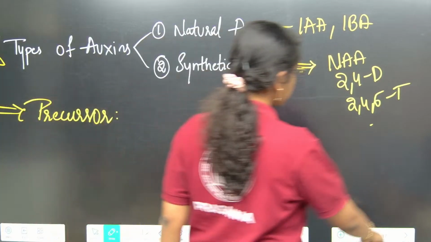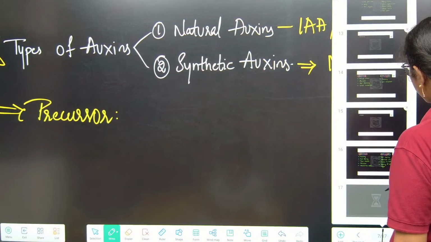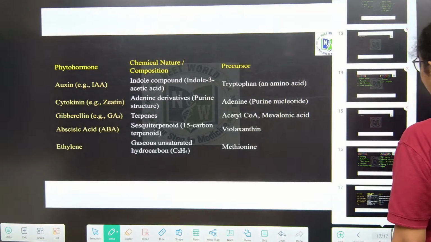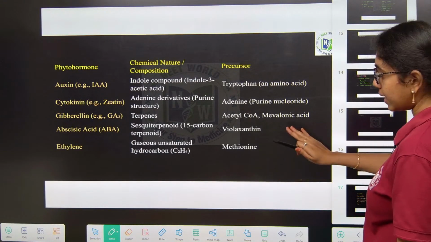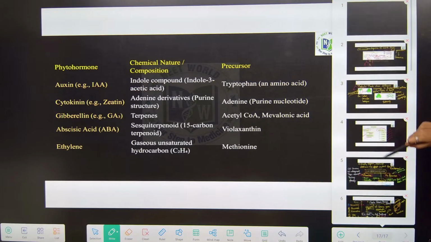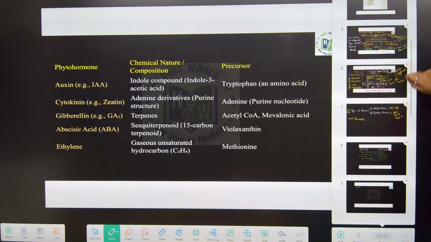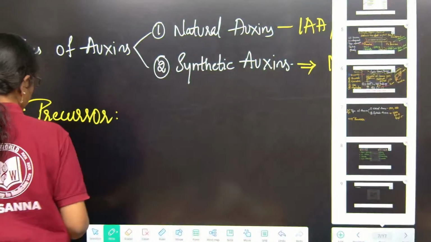In the last table, I have given you the comparative analysis of the precursors and the derivatives. This table you have to note down, I will give you later, but as of now you see it. Precursor of auxin is what? Tryptophan.